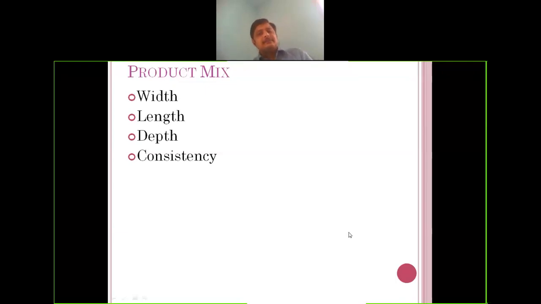Width here is about the complete levels we are going to take as initiative with respect to the product lines. You may call it the different number of products available under one label.